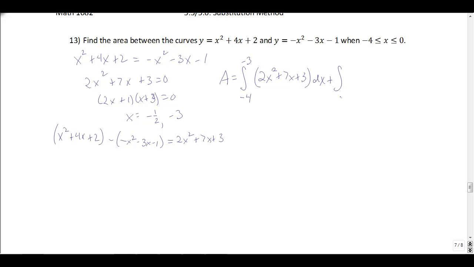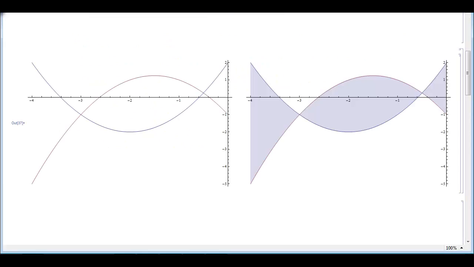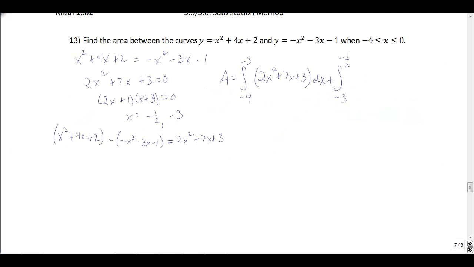And then from -3 up to -1/2, I'm going to get this middle one, where the downward parabola is on top. So the top is the downward parabola. Well, that means I'm going to do my subtraction in the other order here. And so essentially I'm going to get a negative of 2x squared plus 7x plus 3.